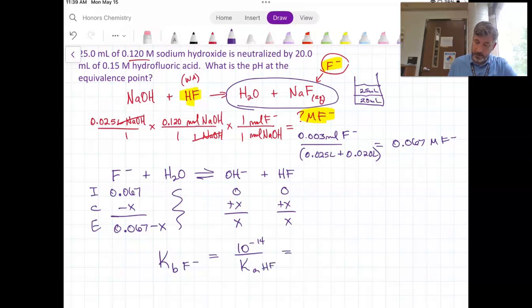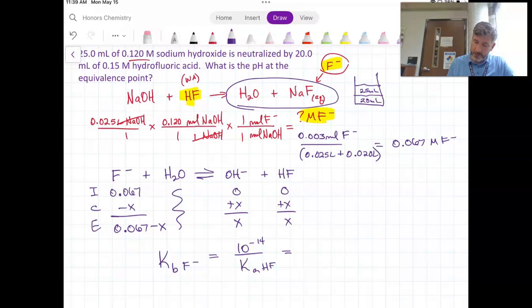So we always are able to figure out the Kb of a base if we know the Ka of its conjugate acid. And since F minus is not anywhere on our table, essentially it's like the stronger the acid is, the higher its Ka goes, the weaker its conjugate base is. So the lower its Kb will go. And so that's why this equation works the way it does.